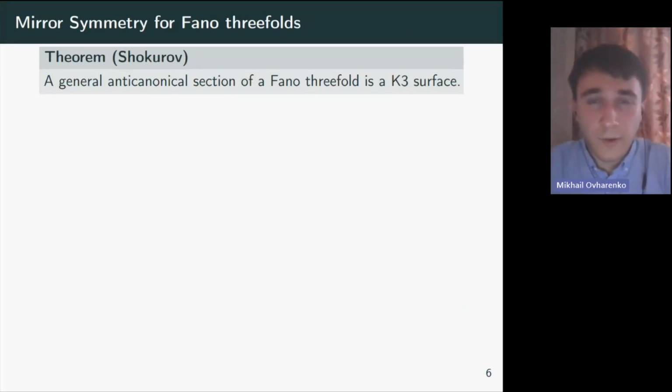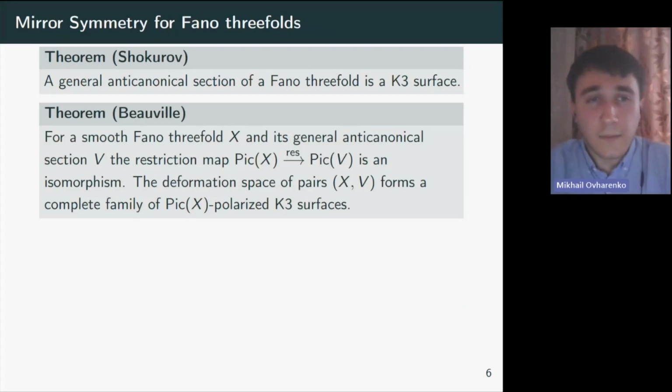So let us return to Fano threefolds and let's recall a well-known result by Shokurov that a general anticanonical section of a Fano threefold is smooth, and it is not hard to check that in fact it is a K3 surface. And there is a well-known result of Beauville that for a smooth Fano threefold and its general anticanonical section, if we consider the restriction map from the Fano threefold to the anticanonical section, it should be an isomorphism.